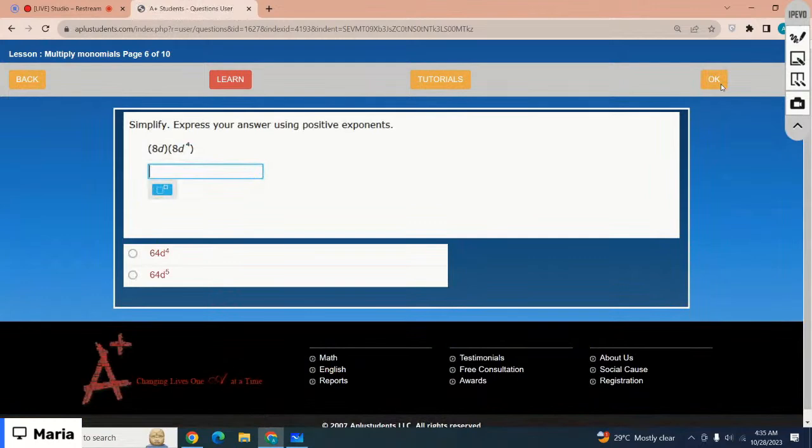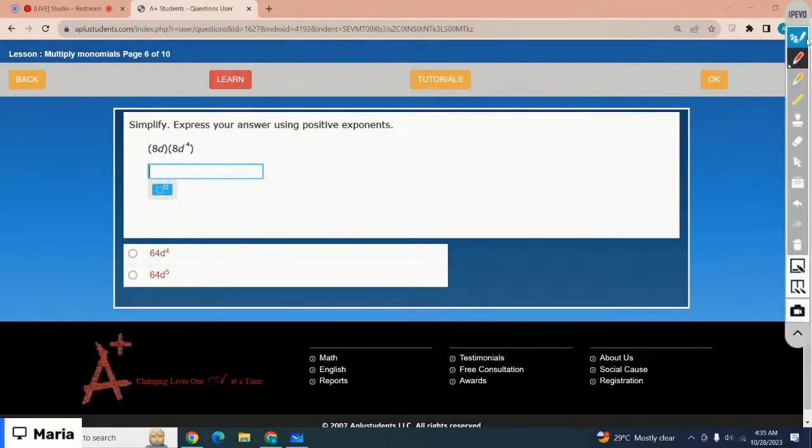Okay, simplify. So, which is the correct option? 8 times 8 and d, they have the same base, so their exponents would be added, right? And they are multiplying. In case when they are multiplying, their exponents would be added. So, it is 64d^5, right?